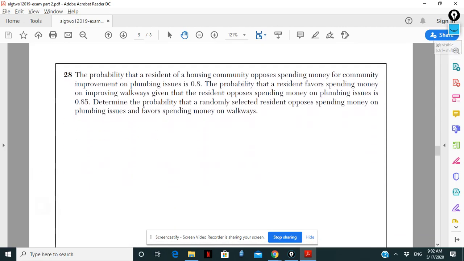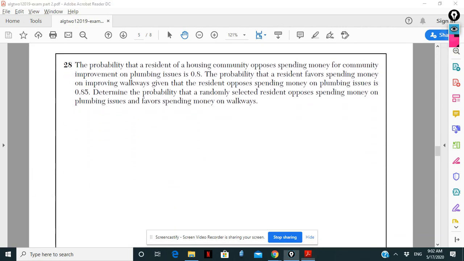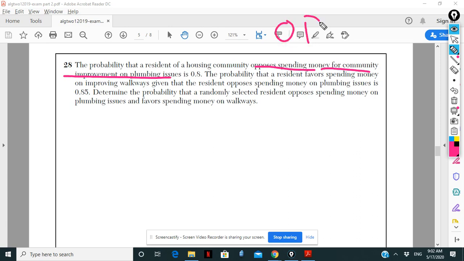Question number 28. The probability that a resident of a housing community favors spending money on improving plumbing is 0.8.